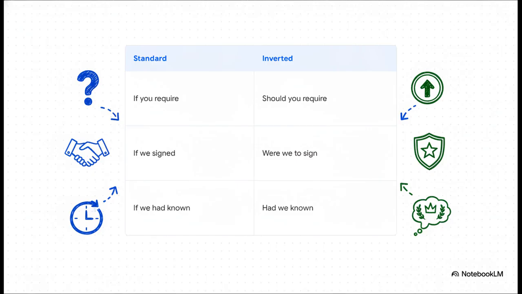For a present or future possibility, if you require becomes should you require. Looking at a hypothetical future, if we signed shifts beautifully to were we to sign. And for a hypothetical past, like looking back at a missed opportunity, if we had known transforms into had we known. Just look at the sheer professionalism of those inverted phrases.